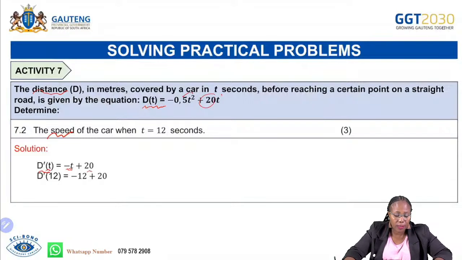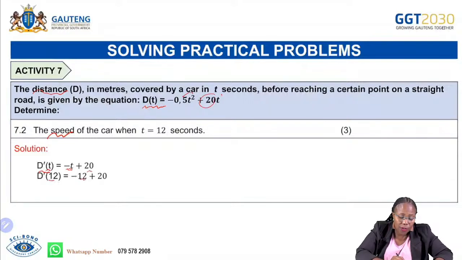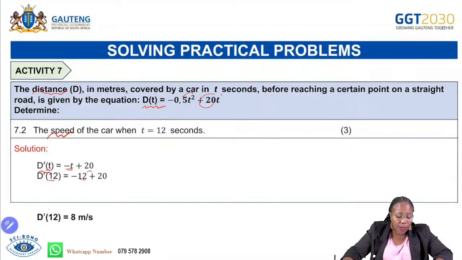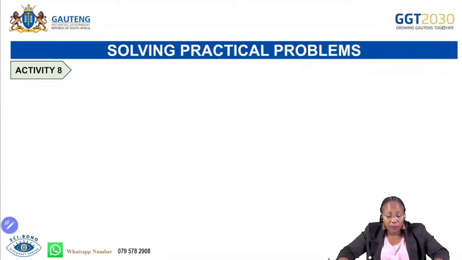That is it, grade 12. We have substituted t with 12 there. So the speed of the car after 12 seconds, it will be moving at the speed of 8 meters per second. Okay. This is the toy car. Remember, it's not a real car, it's a toy car.